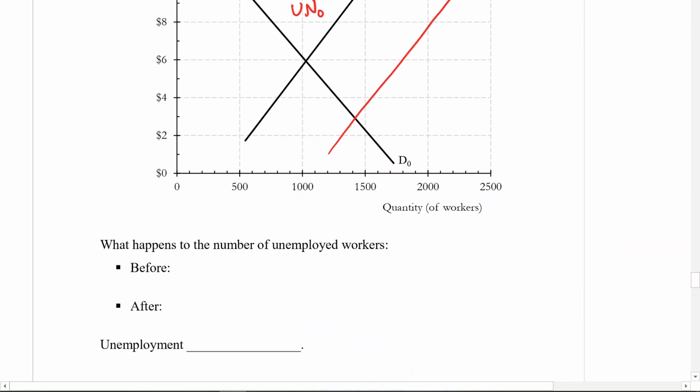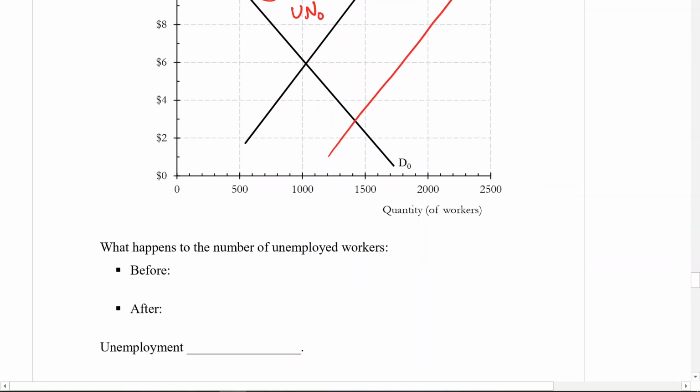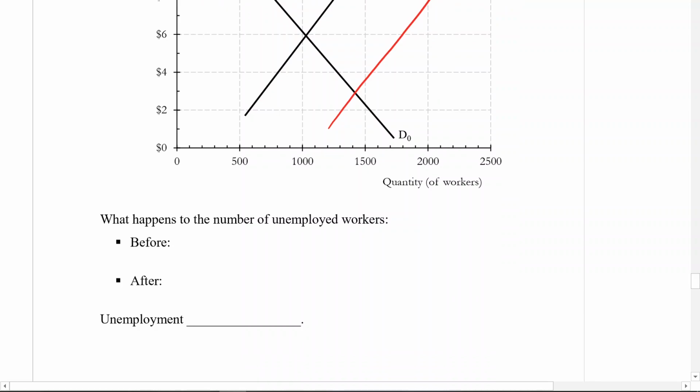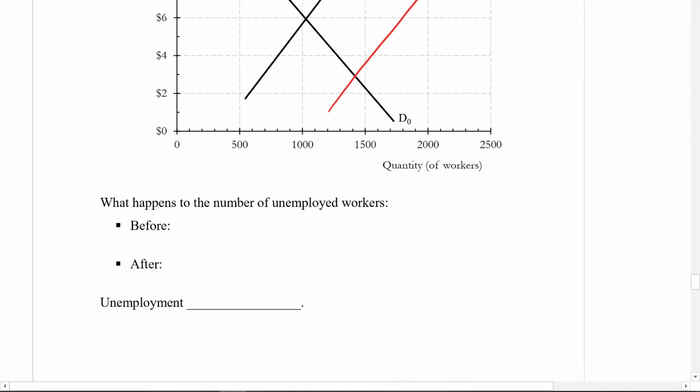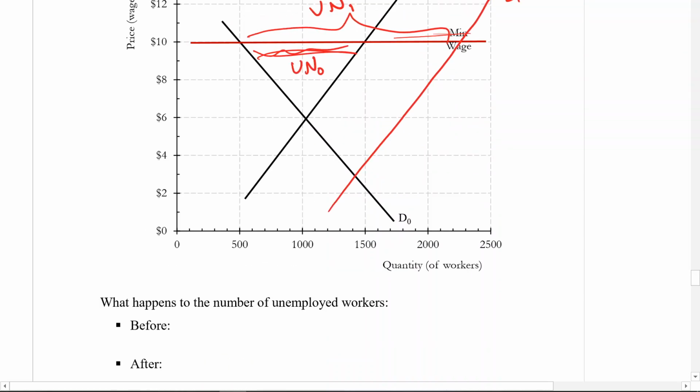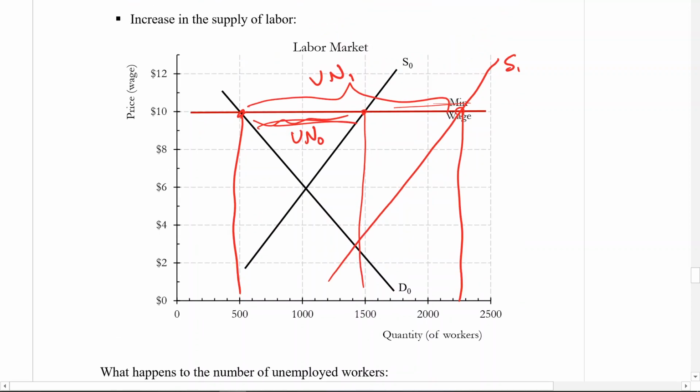I'm not going to use exact numbers here, but before and after, we can clearly see that if we're starting here, unemployment increases by quite a bit in the end. So unemployment increases. If you want, you can grab the numbers, but it's all kind of approximate. So anyway, just labor supply and demand dynamics applied to the labor market, just as any market.